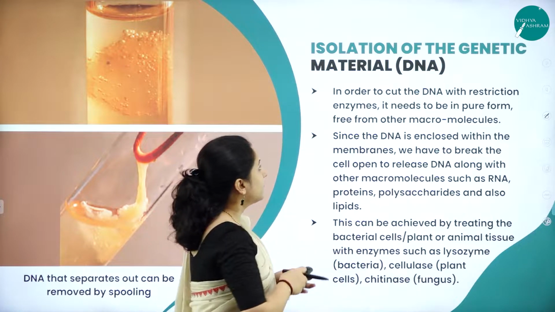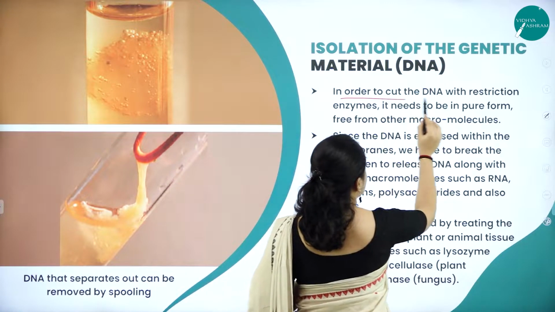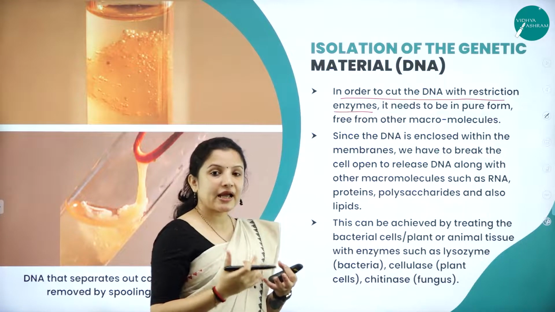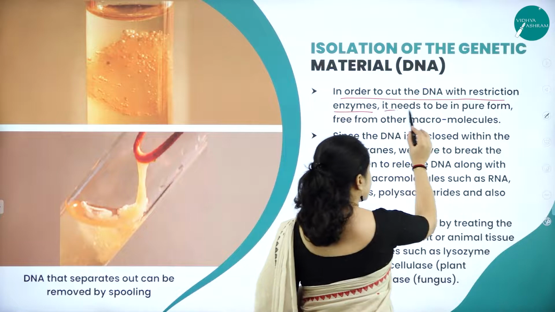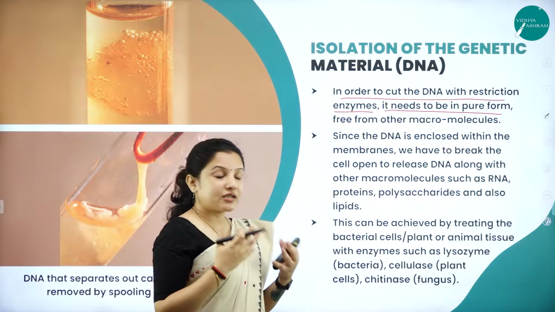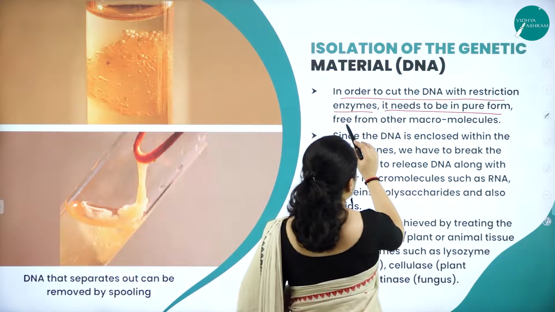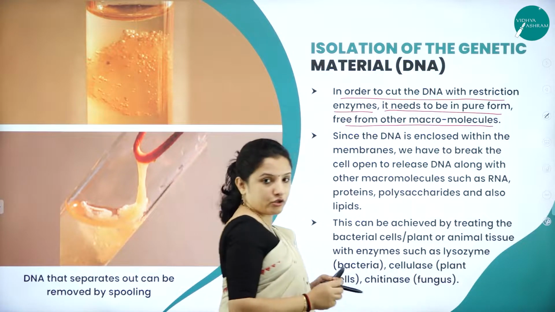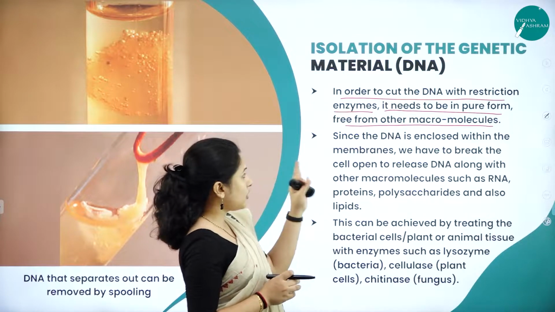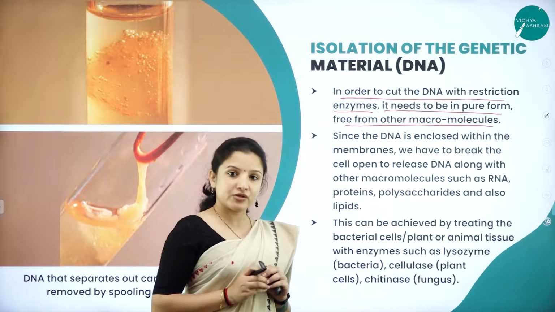So in order to cut the DNA with restriction enzymes, the DNA has to be in the pure form. We should have only DNA that is being isolated, and it should not contain any other macromolecules. That is why purification has to be done first. How purification is done, we shall look into.